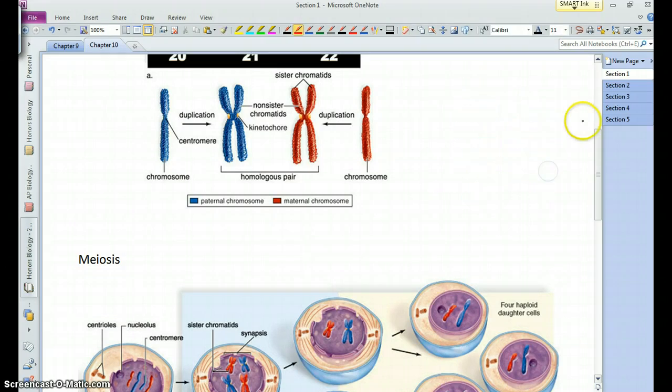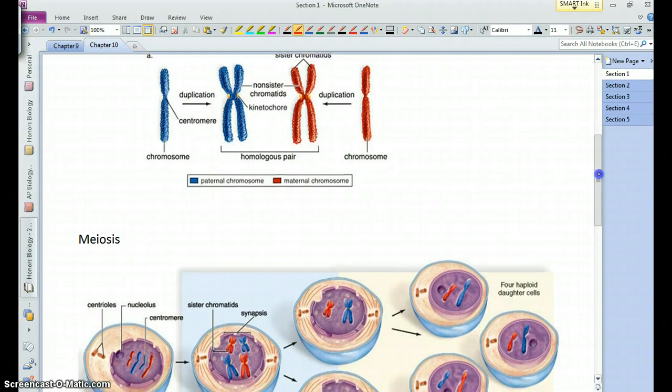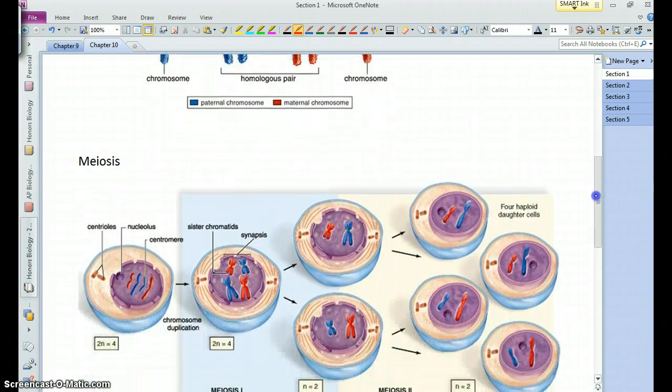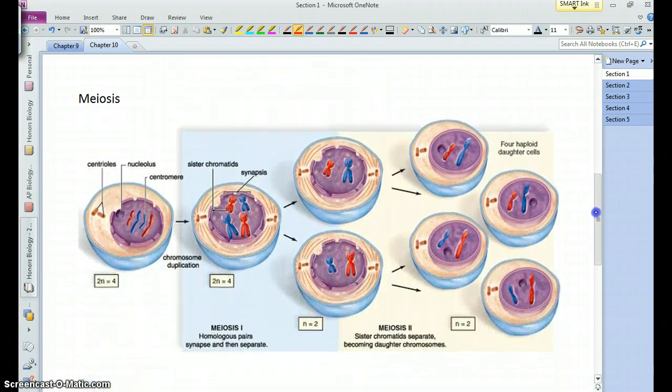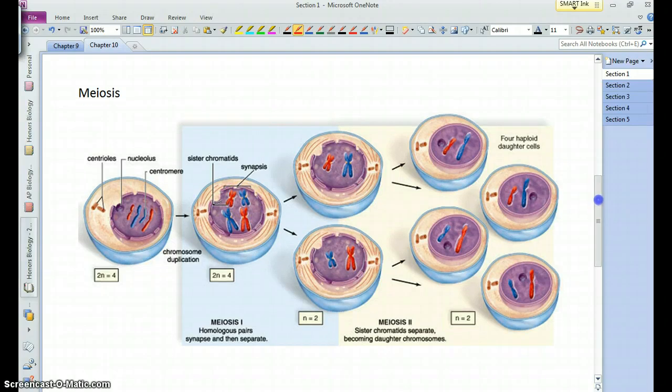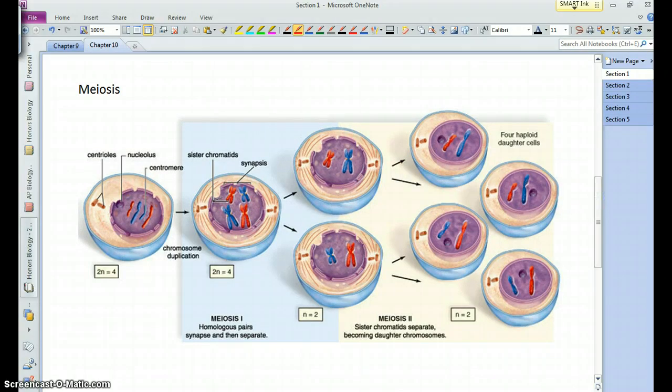Okay, well, we're going to see in meiosis that things are a little different, in that after those chromosomes are duplicated, and they consist of two chromatids, we'll see that in meiosis, during what's called the first division, they don't all line up along the center, but they line up as homologous pairs.